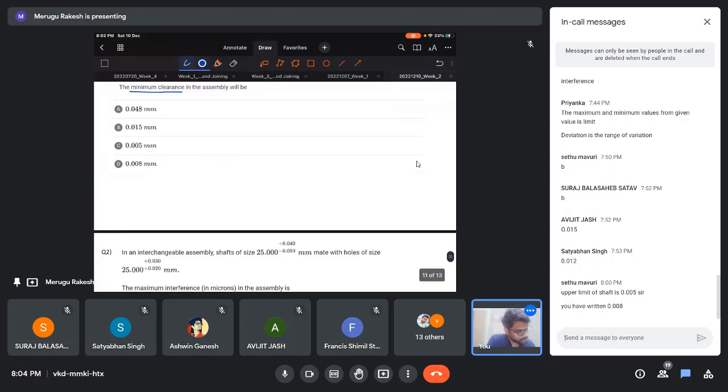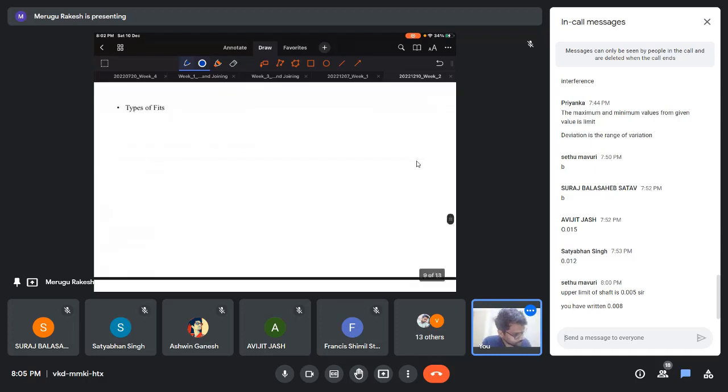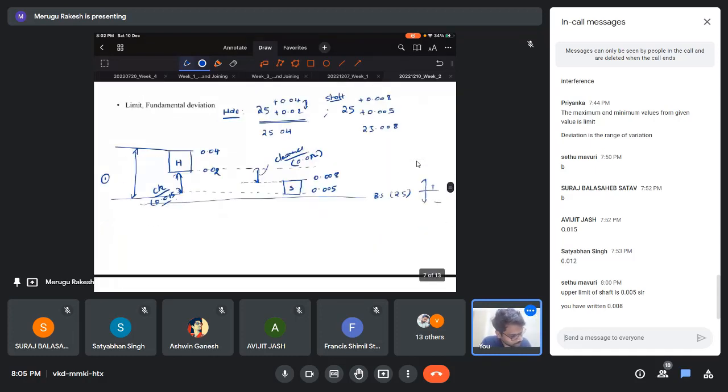Just a second. Sir, RJ by mistake gave it as plus 0.008 instead of minus. But how are people getting the value of 0.015? That's what's actually in the question. It is minus 0.008. Okay, so that makes sense. It's a bilateral tolerance.